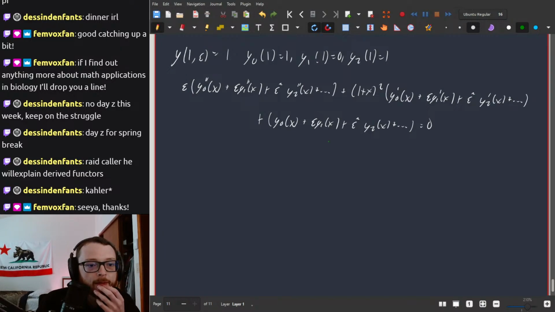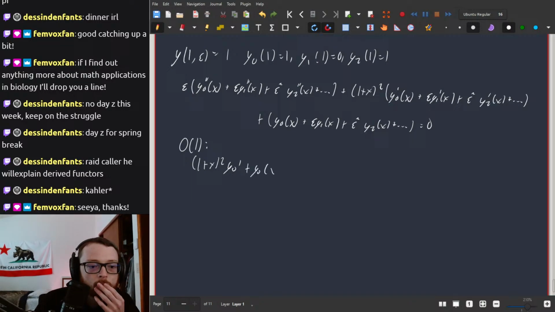For things without any epsilons, these all have epsilons, we're going to get y0 prime times (1 plus x) squared, and we're going to get y0. I should label what I'm doing. This is the big O of 1 terms. So y0 prime (1 plus x) squared plus y0 equals 0.